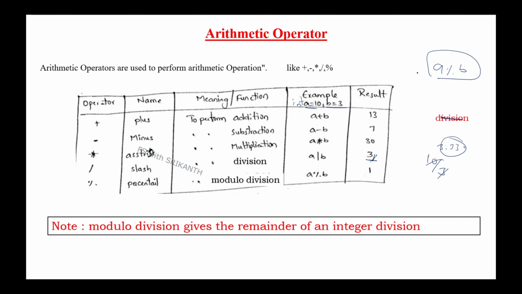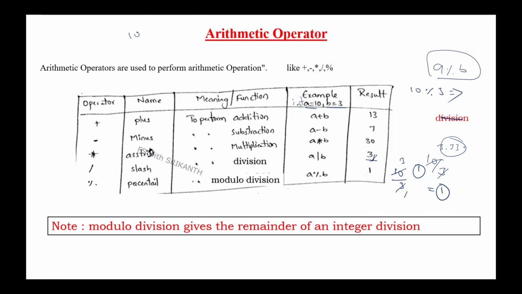A modulo division B, in the sense 10 percentile 3, returns the remainder. What remainder? 10 by 3: 3 threes are 9. What is the remainder? 1. That is what it gives.